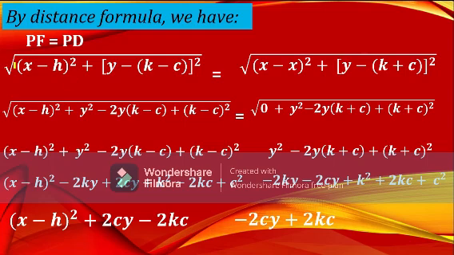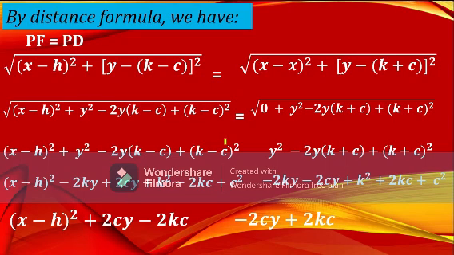So, the square root of (x minus h) quantity squared plus (y minus (k minus c)) quantity squared is equal to the square root of (x minus x) quantity squared plus (y minus (k plus c)) quantity squared. Then, the square root of (x minus h) quantity squared plus y squared minus 2y times (k minus c) plus (k minus c) quantity squared is equal to the square root of 0 plus y squared minus 2y times (k plus c) plus (k plus c) quantity squared.